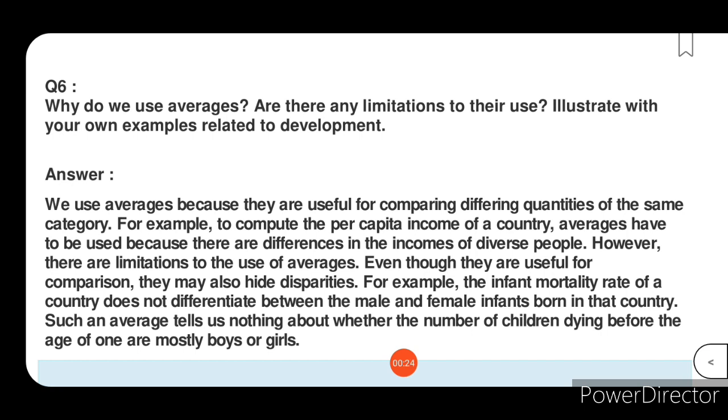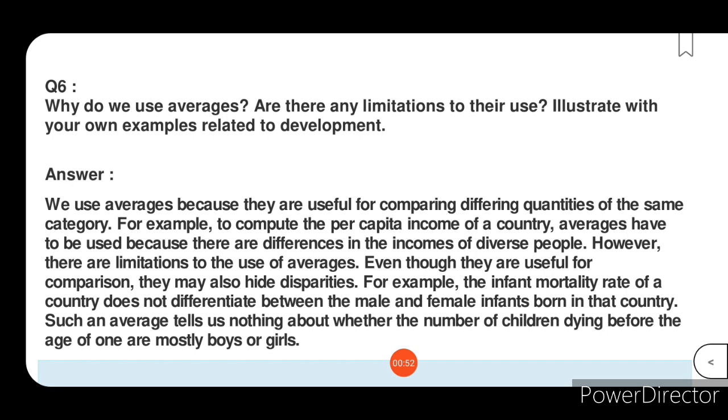However, there are limitations of the use of averages. Even though they are useful for comparison, they may also hide disparities. For example, the infant mortality rate of a country does not differentiate between the male and female infants born in the country.